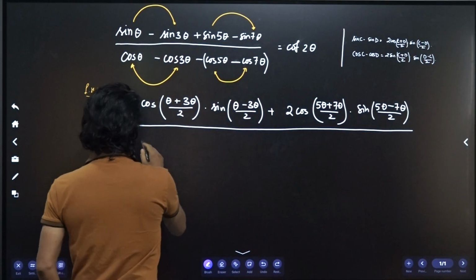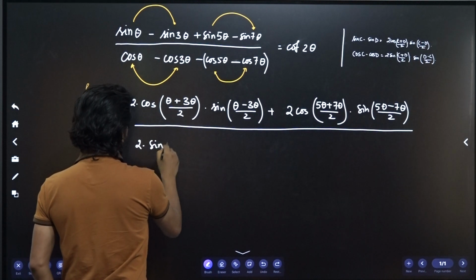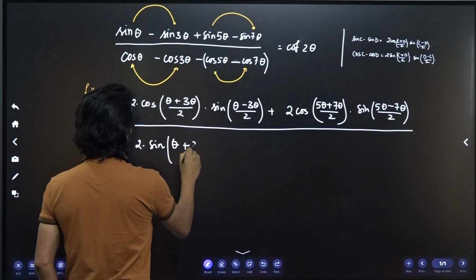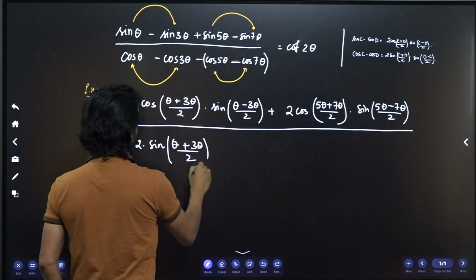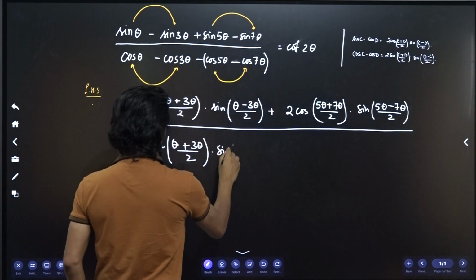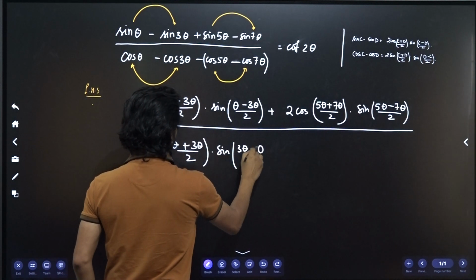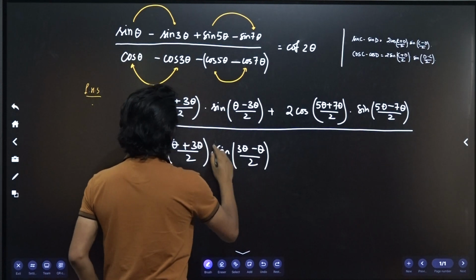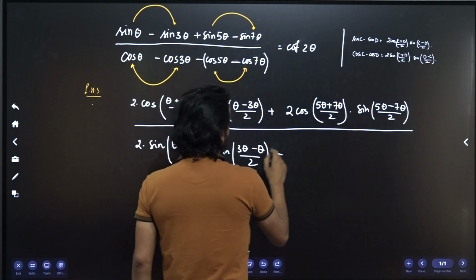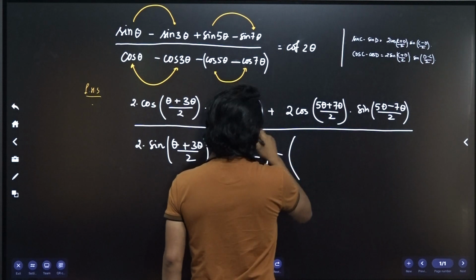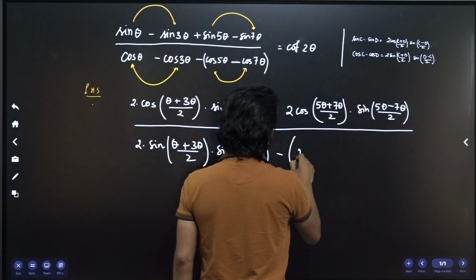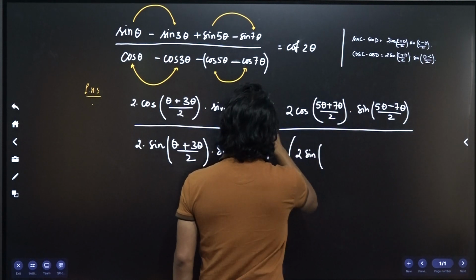Okay. 2 sin (theta plus 3 theta)/2 into sin (3 theta minus theta)/2, minus bracket, then 2 sin (5 theta plus 7 theta)/2 into sin (7 theta minus 5 theta)/2.